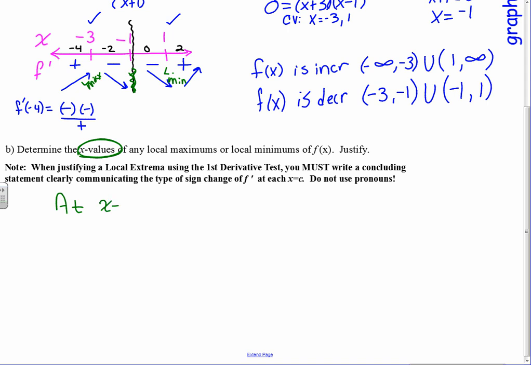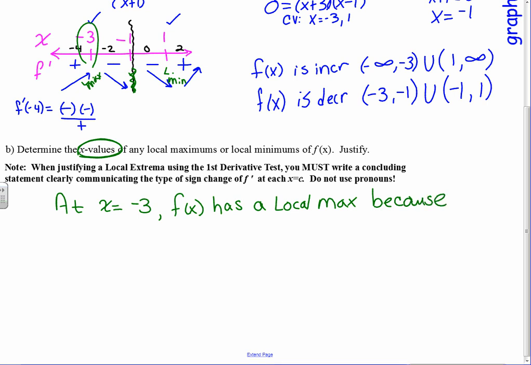They said the x values, so that's what I'm going to reply with. At x equals -3, the local max occurs. At x equals -3, f of x has a local max because we're going to justify this. What is our reason? Well, the change of the derivative.